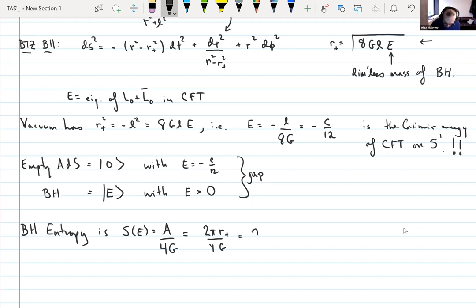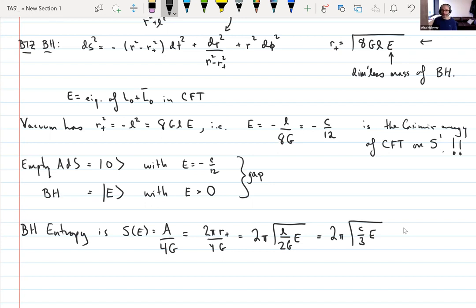So what is that? Just plugging in our formula for r plus in terms of the energy, 2 pi times the square root, pulling that factor of 4G inside the square root, L over 2G times E. Or, remembering that the central charge is 3L over 2G, C over 3 times E.